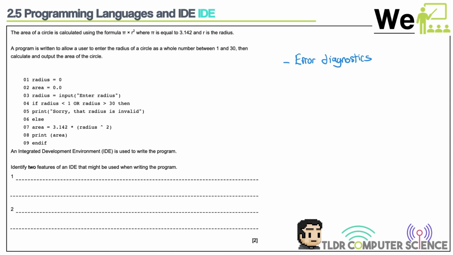So there's error diagnostics, where it might highlight some syntax errors. It might provide a runtime environment with a translator able to actually compile or interpret it into machine code. You may have an editor with things such as auto-indenting or making suggestions for your code, and of course highlighting keywords.